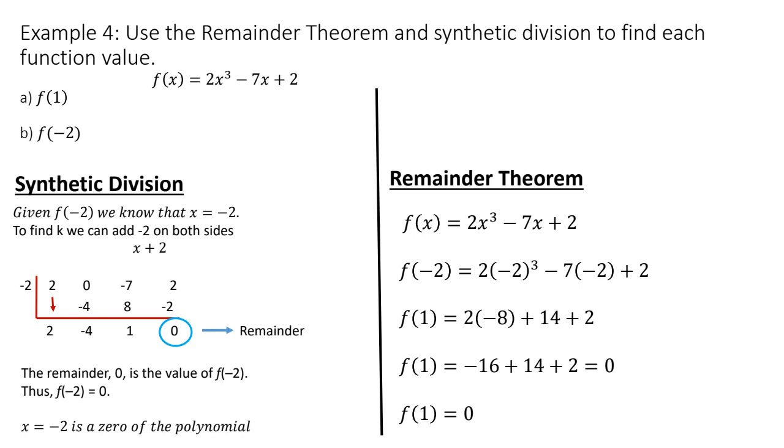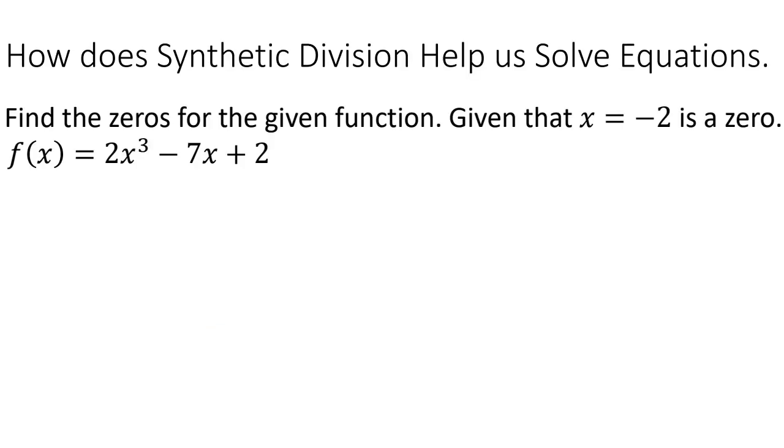So this is a great way to use the remainder theorem to see if our polynomial can be factored with our divisor. I keep talking about how it's going to help us solve equations, so let me show you. Say I have this function 2x cubed minus 7x plus 2.